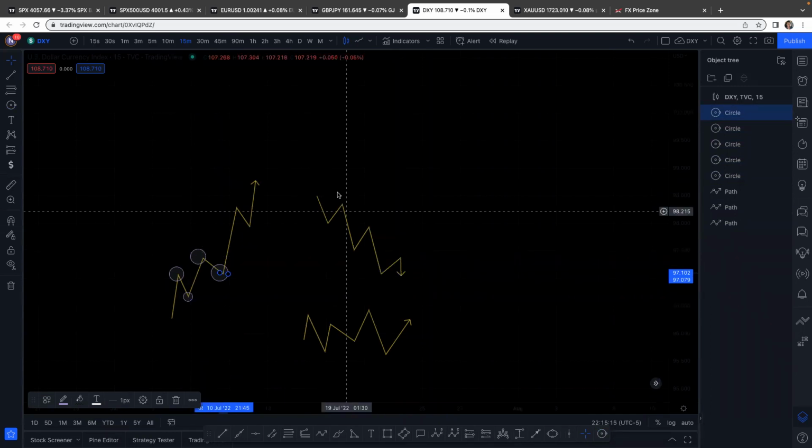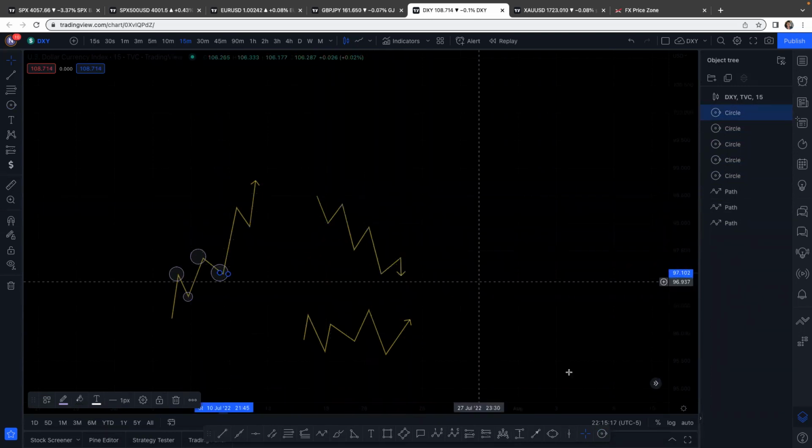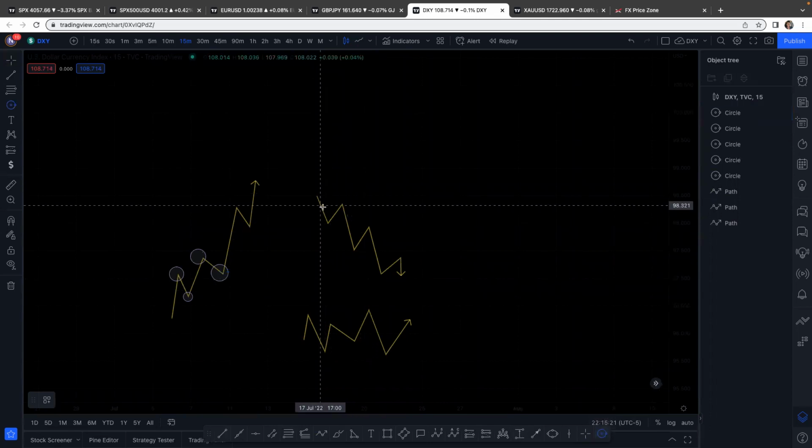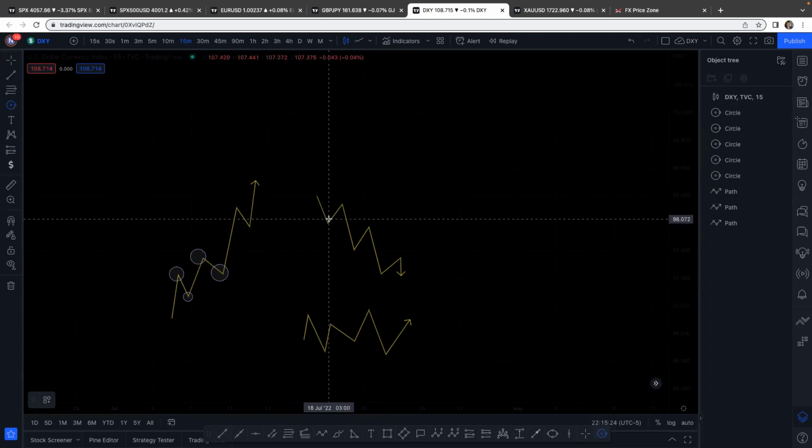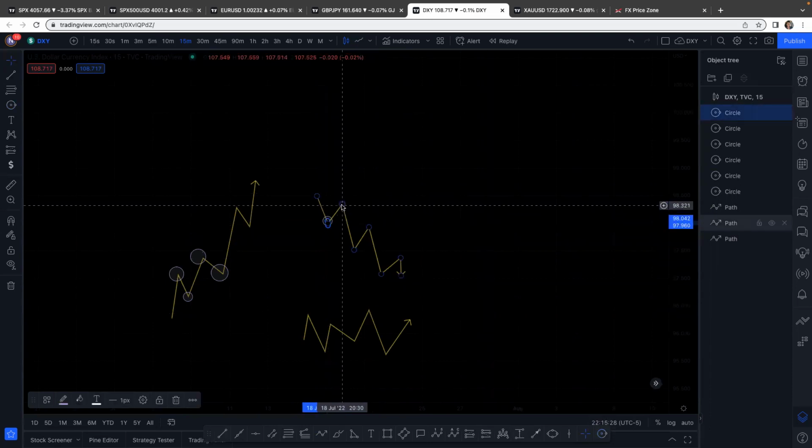And so for this particular downtrend right here, it's like the opposite of the uptrend. So you have a low here, and then this is a lower high.